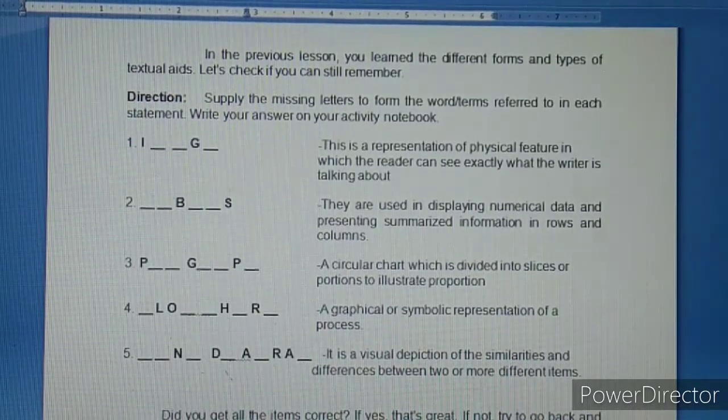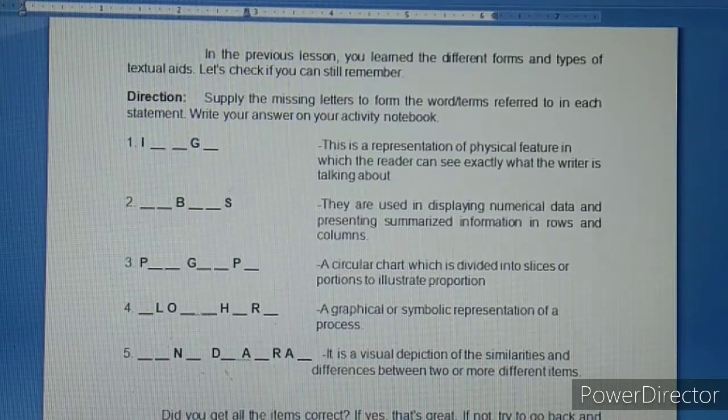Number 3, P, G, P. It is a circular chart which is divided into slices, or portions, to illustrate proportion. The correct answer for number 3 is, of course, pie graph.